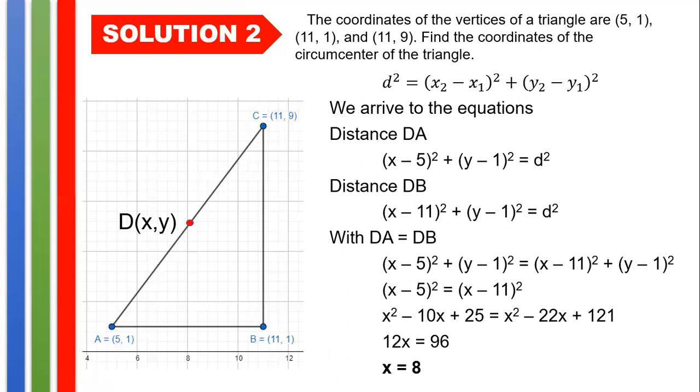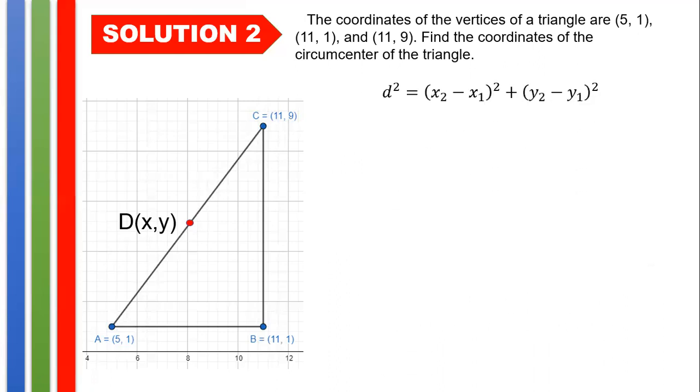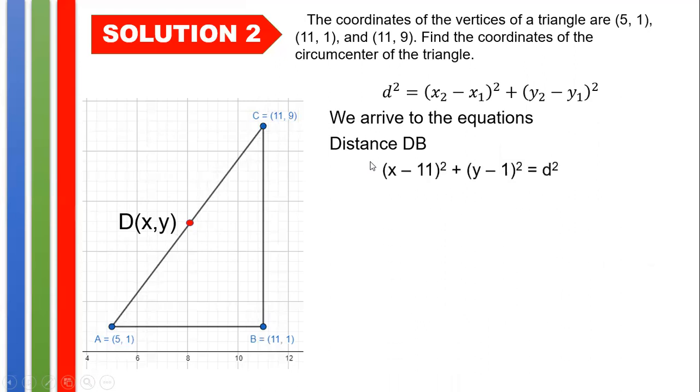Now, let us find the ordinate of our circumcenter. Using a similar process, I will now focus on DB and DC. For distance DB, that was already given earlier using the formula. For distance DC, by substitution, we have (x minus 11) squared plus (y minus 9) squared equals d squared.